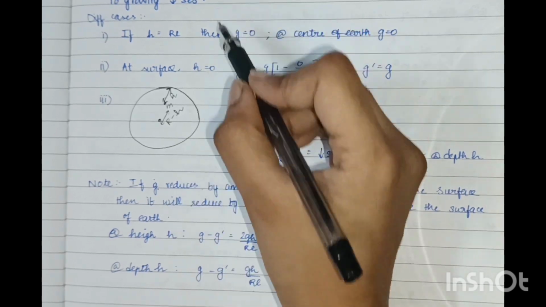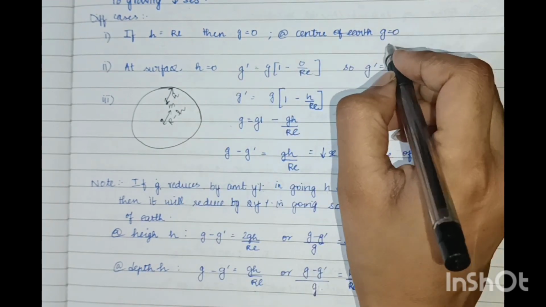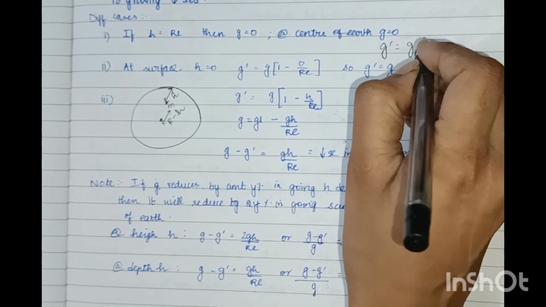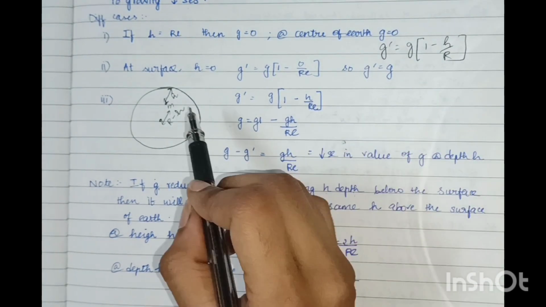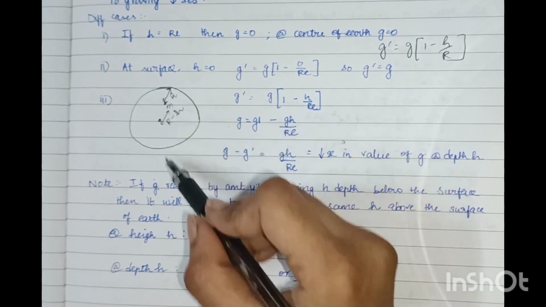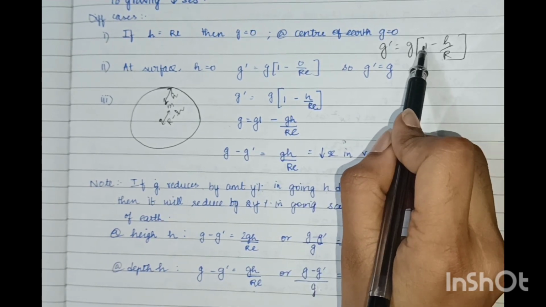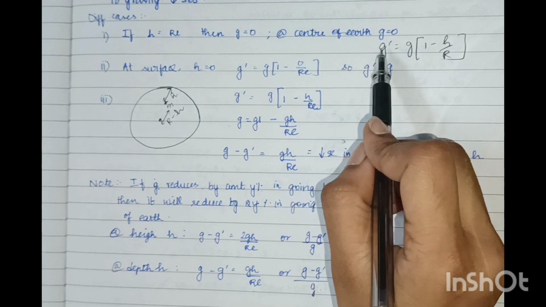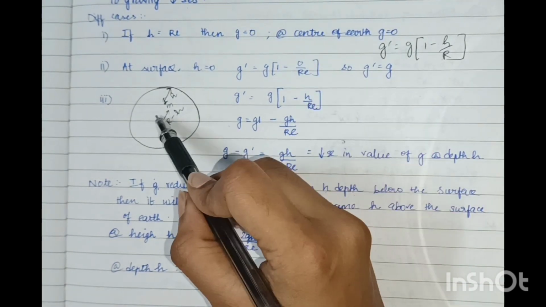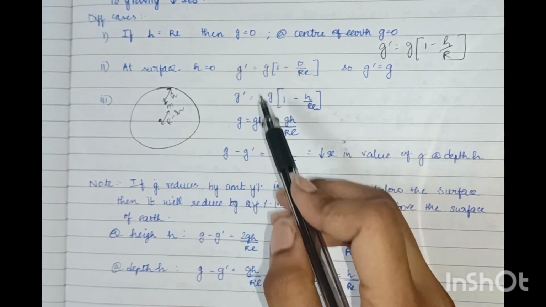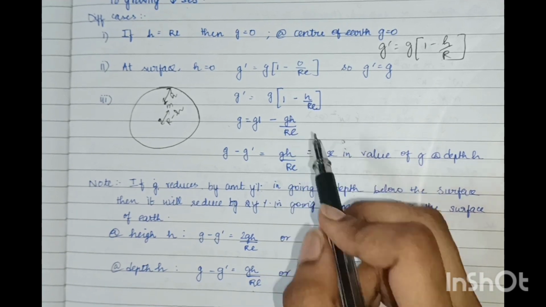Then we know the value of g dash. g dash is equal to g into 1 minus h by r. Now if h equals r, then h by r will be equal to 1. So 1 minus 1 will be 0. So g dash is equal to 0. So what does it mean? At the center of the earth, the value of g is 0. Acceleration due to gravity at the center of the earth is 0.